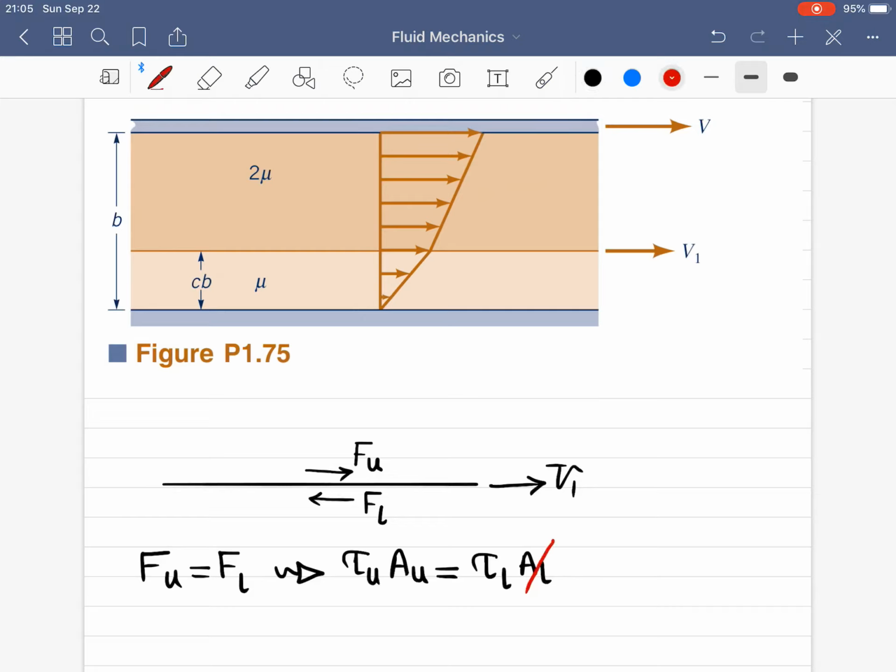These two areas are the same, so these two cancel each other out. So the shear stress on the upper surface, which is the viscosity of the upper surface times the velocity gradient at the upper surface, must be equal to that of the lower surface.